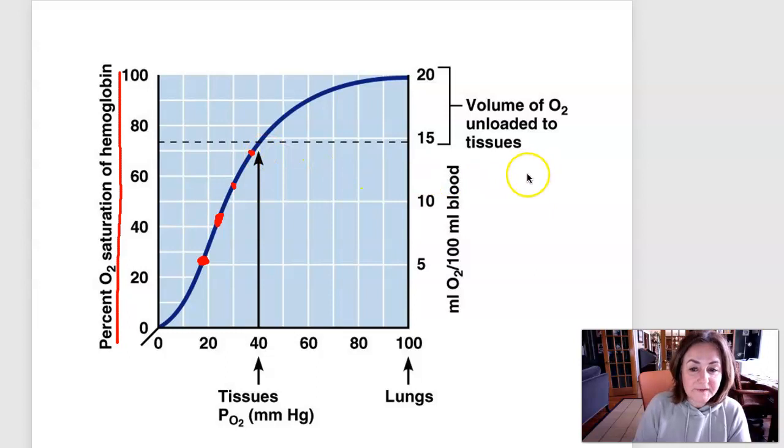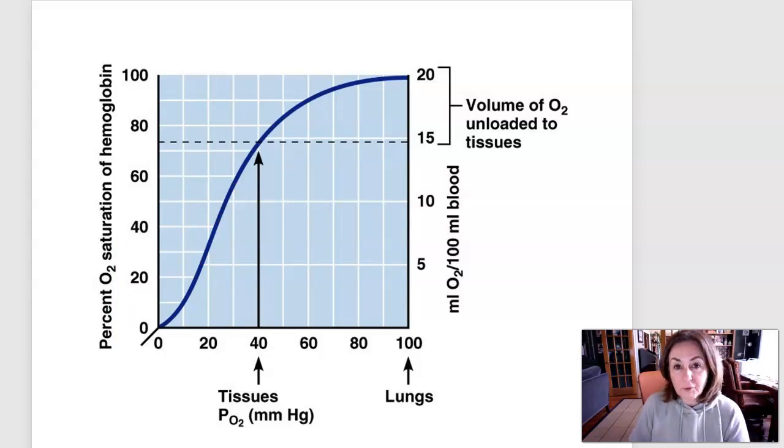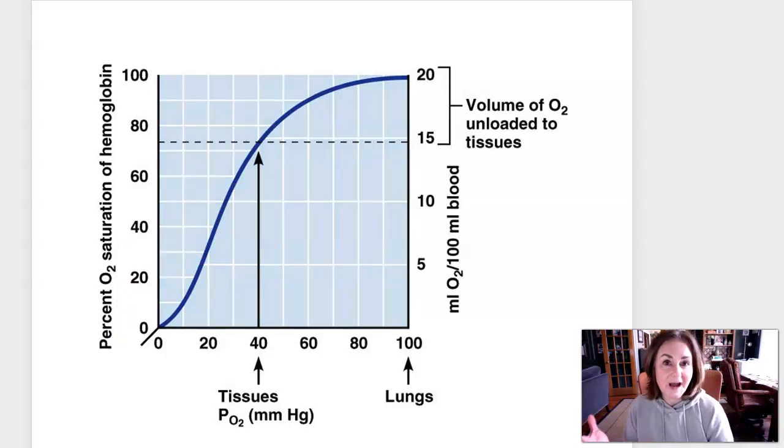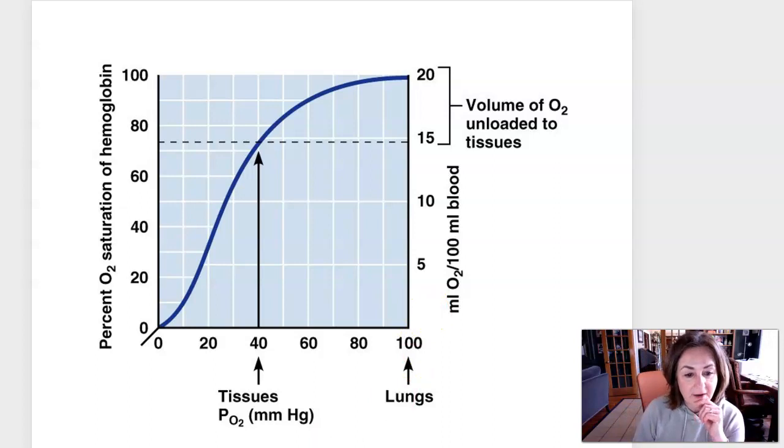Hemoglobin in the red blood cell is either going to exist as oxygenated or not oxygenated, deoxygenated. If hemoglobin is oxygenated, people call it oxyhemoglobin, and when it's not bound to oxygen, it's called deoxyhemoglobin. To read this graph, we could say, at a partial pressure of 100, we know that the partial pressure of oxygen inside the alveoli equals 100.